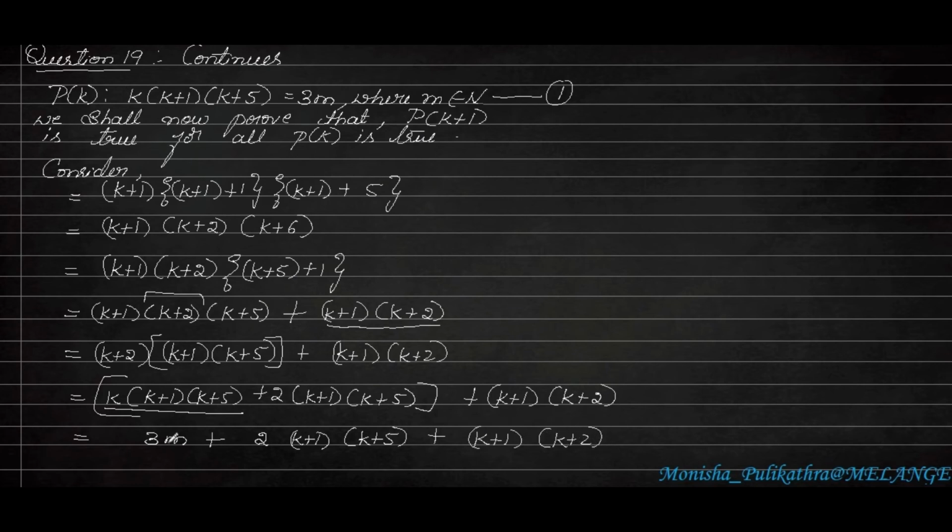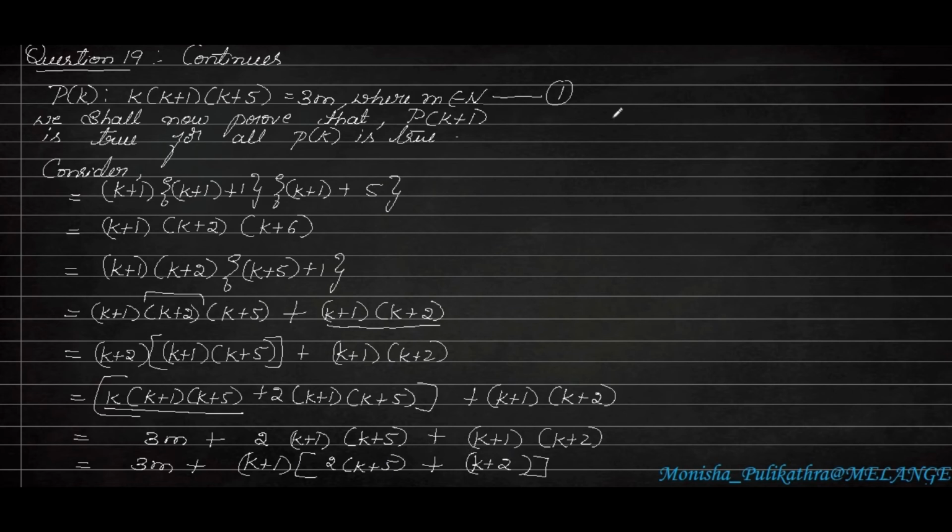After substituting and splitting it, out of these two things, k plus 1 is common. So if I take k plus 1 common, the remaining will be 2 into k plus 5 plus k plus 2, which we write as it is. So we got 3m plus k plus 1 into 2 into k plus 5 plus k plus 2.